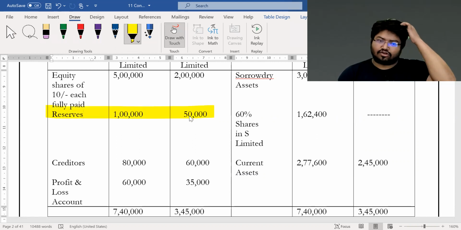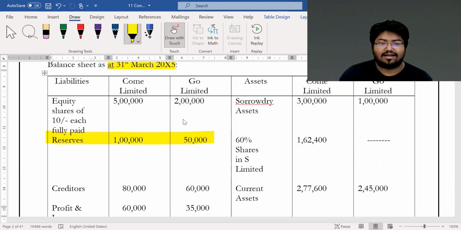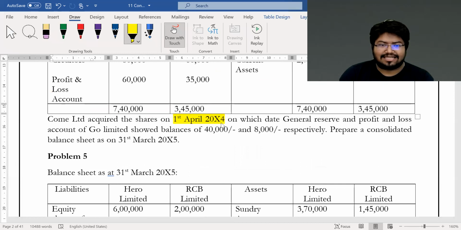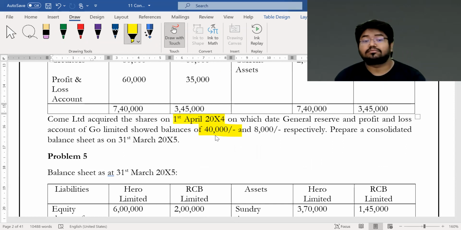Reserves is 50,000 for subsidiary. This is on 31st March 25. But on 1st April, he says reserves had a balance of 40,000. What does that mean? How did it increase from 40,000 to 50,000? Earned during this period?